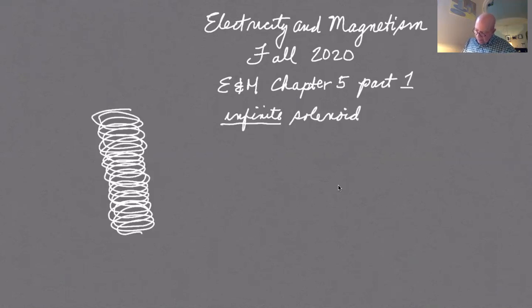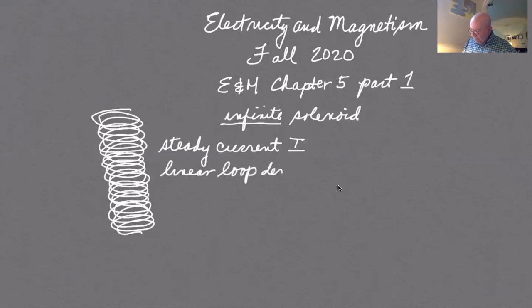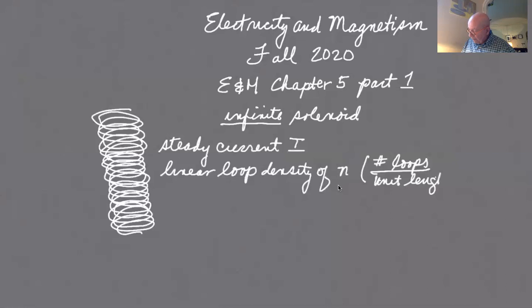It has a steady current I, and it has a linear loop density of n, and that's the number of loops per unit length, so that's number per meter.